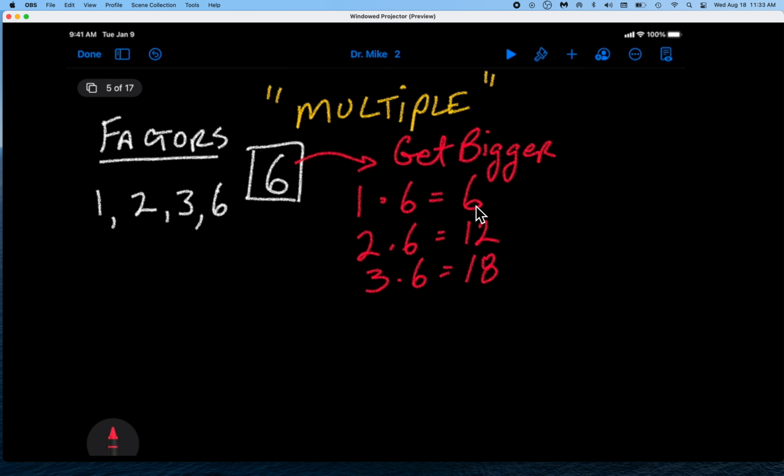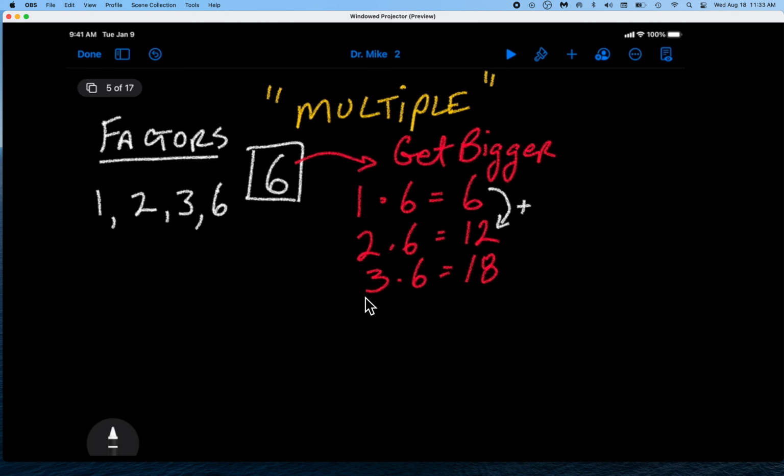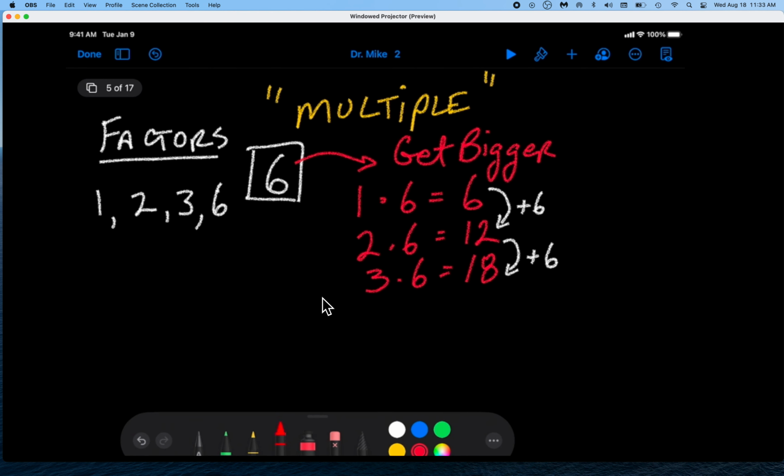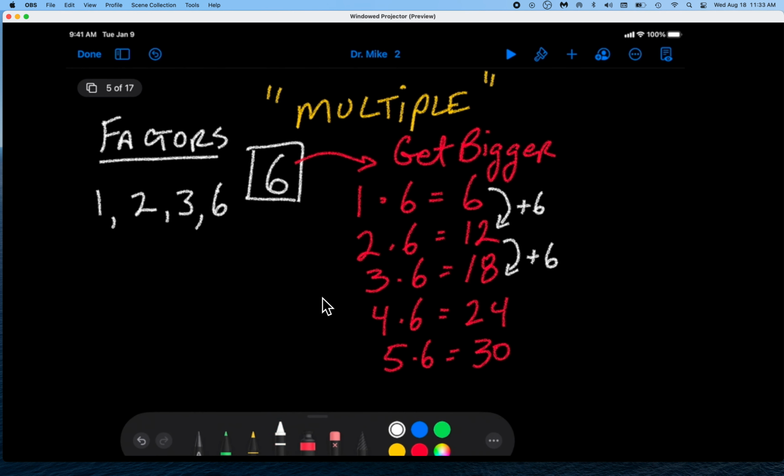We always start off with the number in the box, 1 times 6, and then we get bigger. Notice, each time we advance, we're advancing by the number that's in the box. So there's 2 ways to create multiples. We can either keep going with our multiplication, especially if we're adept at our multiplication tables, or we could quote-unquote count by 6.